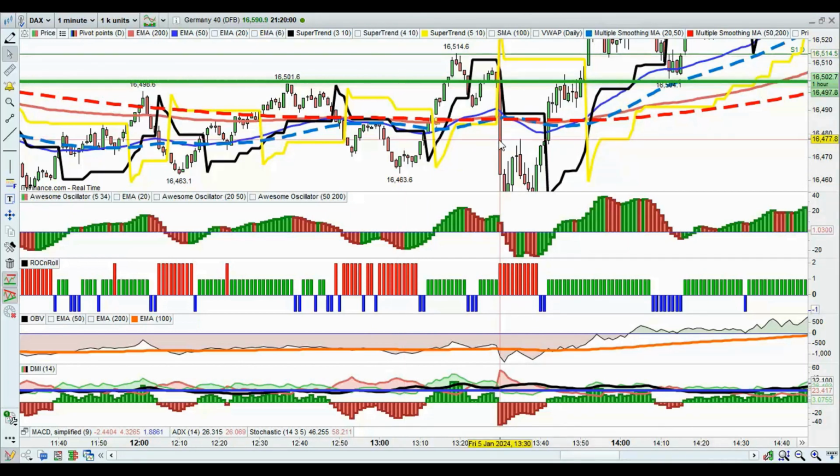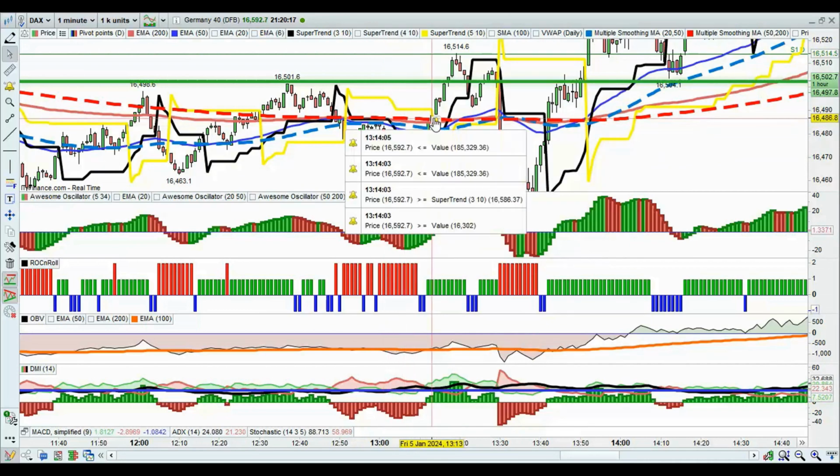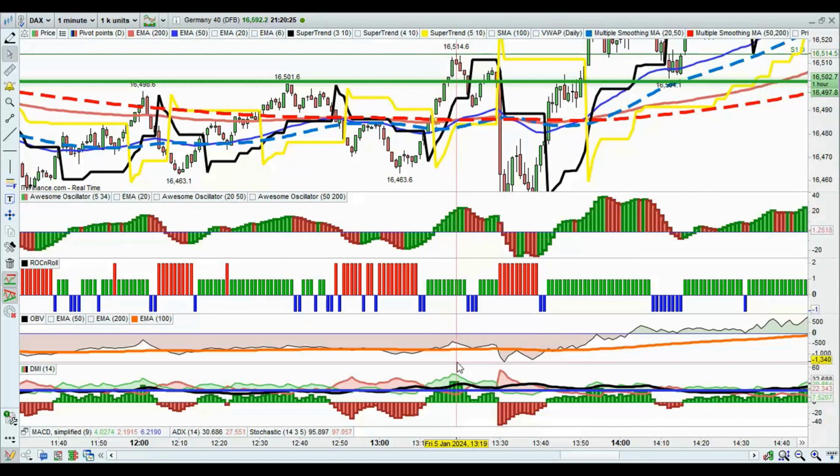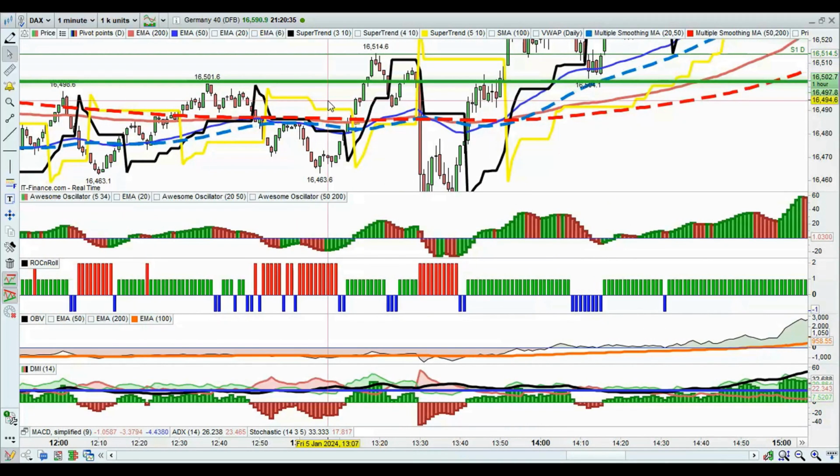You can see this great big red candle here. It's pushed through Super Trend, the black line, and through the 5200 smoothing average. Everything turns green there. Had you taken a little trade there, you have to be ever so careful because it needs to be closed before 1:30. We do not want to stay in the trade.